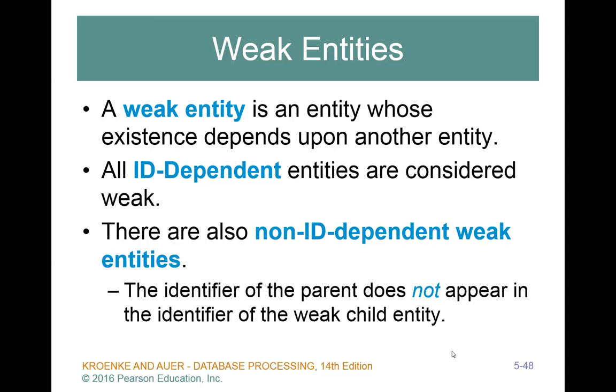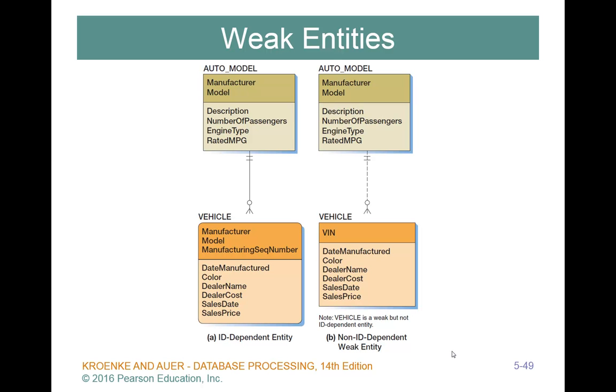Okay, and the identifier of the parent does not need to appear in the identifier of a weak child entity. So sometimes it can be an ID-dependent situation, or it can be non-ID-dependent. In our examples here, we have two examples of auto, model, and vehicle.